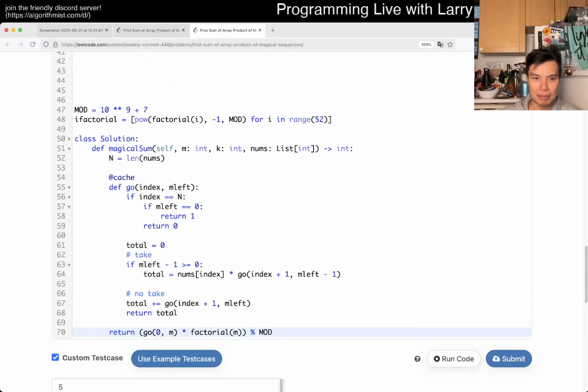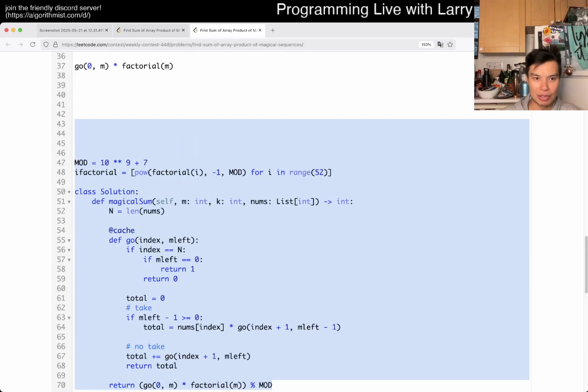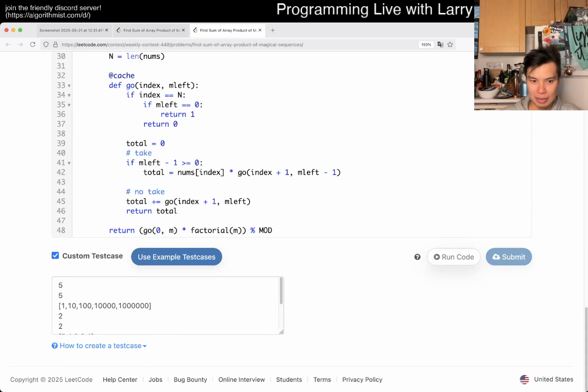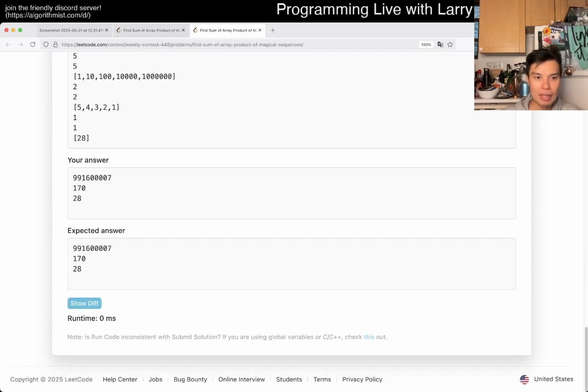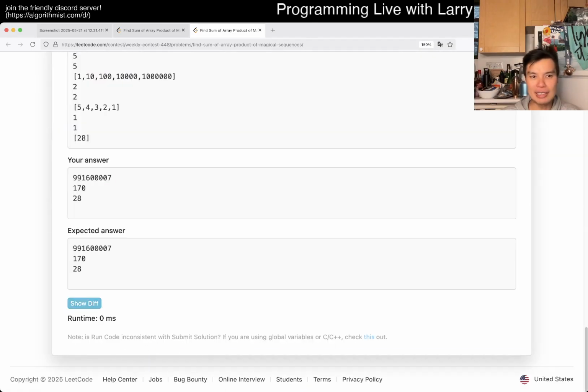I guess it's big M. Where's M? No, this is M, right? Oh, here. This is not real code, that's why. Okay. I don't know why it doesn't show the, oh no, that is the expected answer. Yeah, as you can see now it matches.